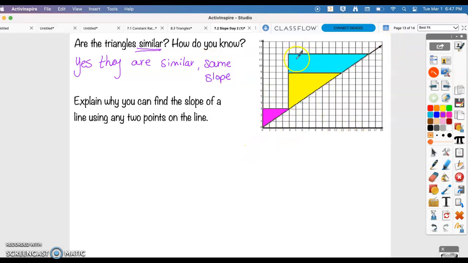So even though Jose's triangle is much bigger than Rawa's or Min's, because they're on this line, they have the same slope. So explain why you can find the slope of a line using any 2 points. So again, we use this point or this point or this point or this point. So it's because these are like slope triangles, is what we would call them. Same slope along the line.